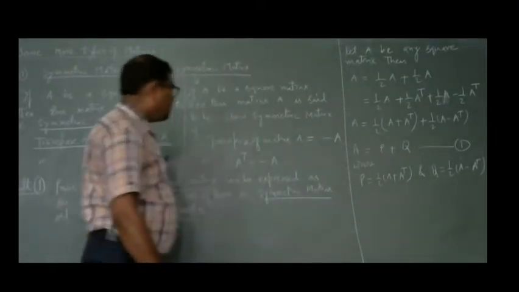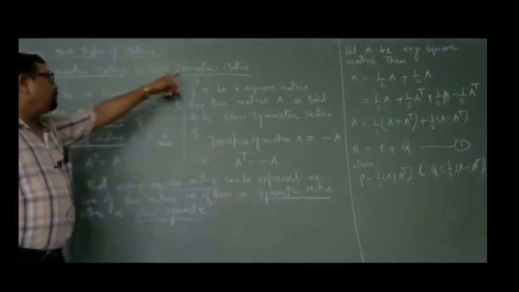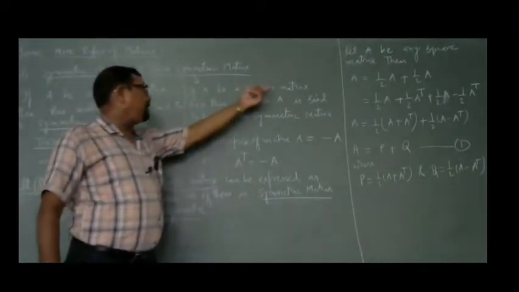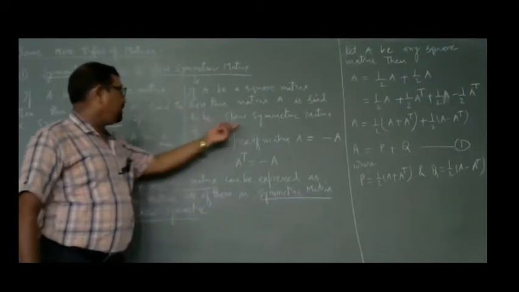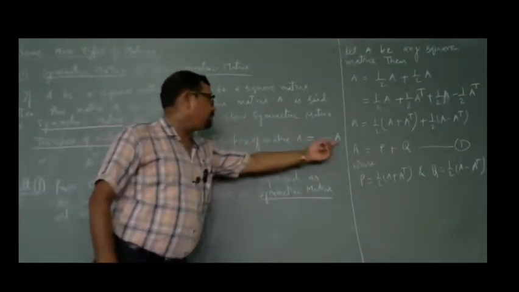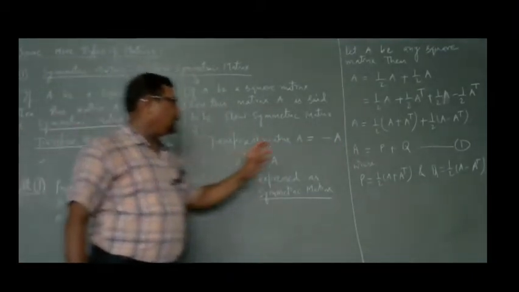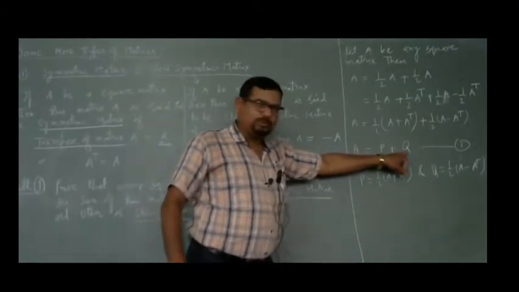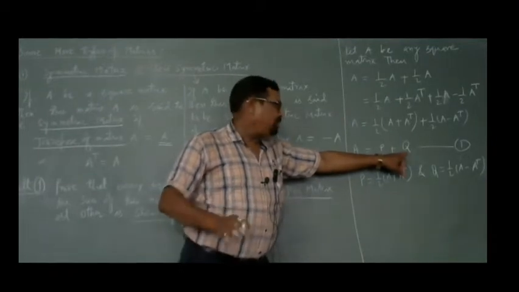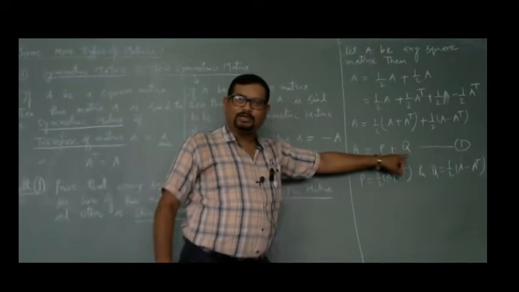Whereas, if you want to show Q is skew symmetric, look at the definition of skew symmetric. If A is any square matrix, then it is said to be skew symmetric if its transpose is equal to minus A. So to show matrix Q is skew symmetric, you have to take the transpose of Q and it should be equal to minus Q. Then Q will be a skew symmetric matrix.